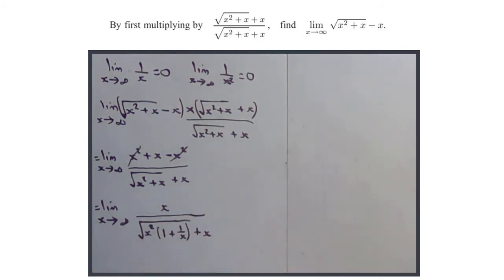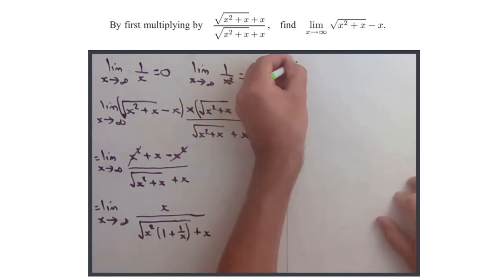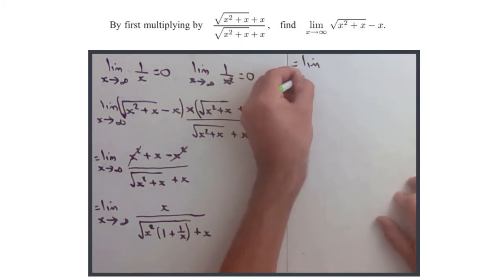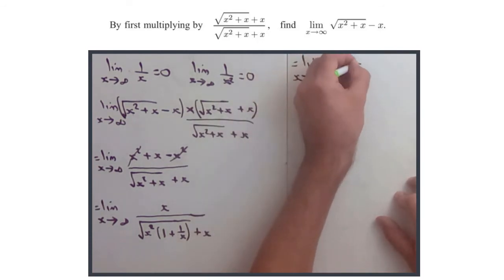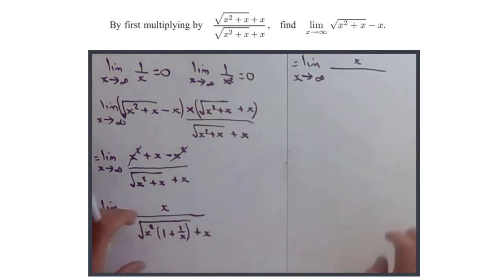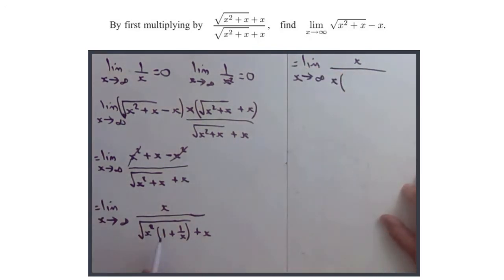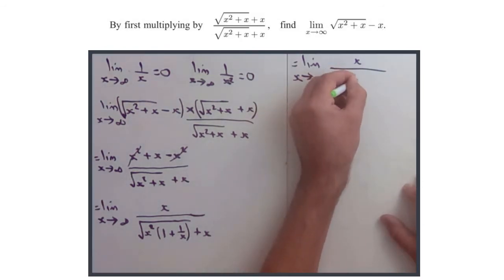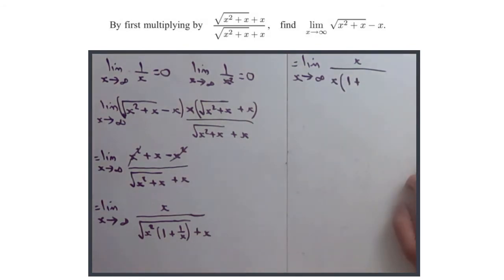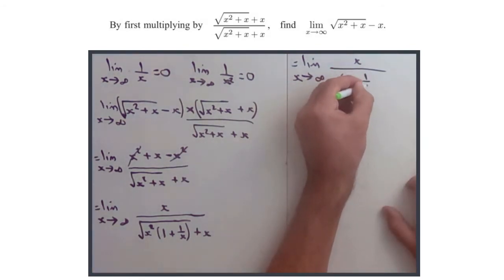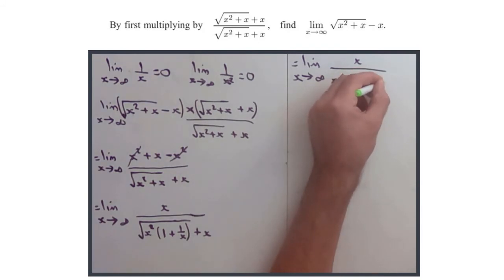Now you've got x squared times something else. Using the laws of surds, you can pull that out of the square root and it will just be an x. So now we've got the limit as x approaches infinity of x over x times the square root of 1 plus 1 over x, plus x.